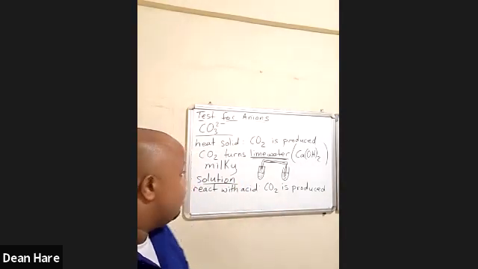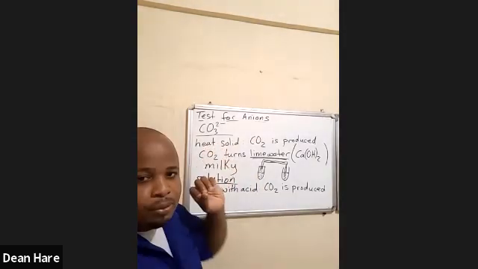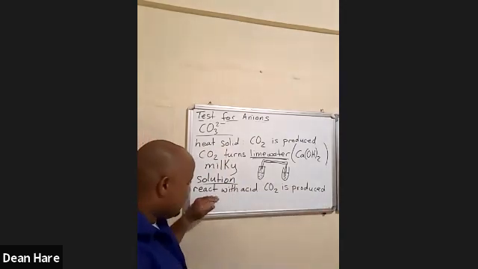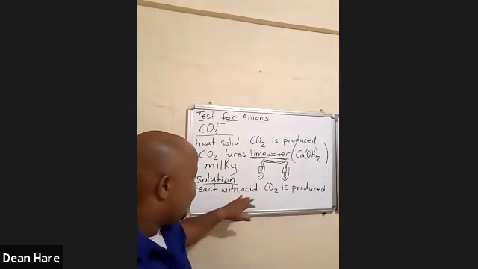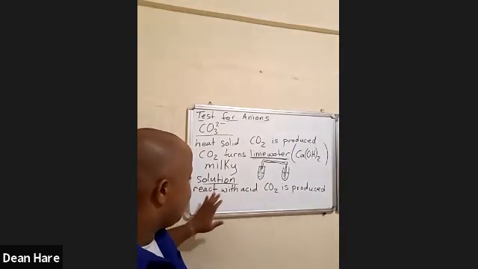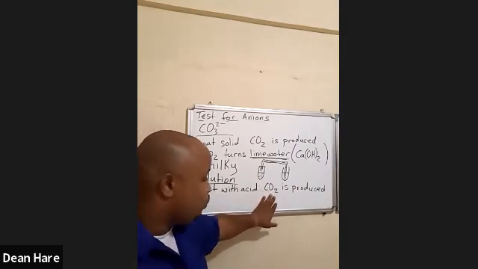All right. So all we are doing is either heating the carbonate to give off CO2, or we are reacting a solution of the carbonate with acid, and again it will produce CO2.